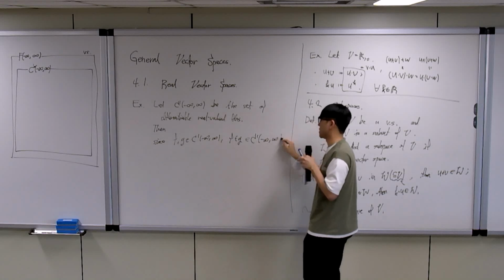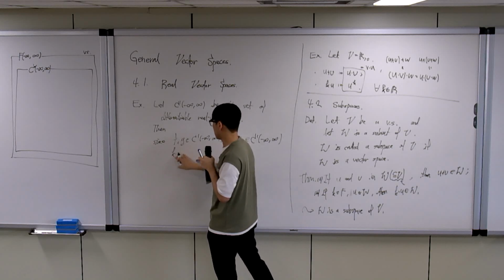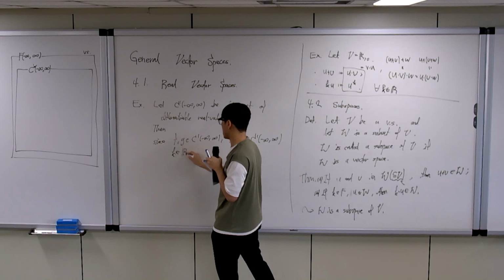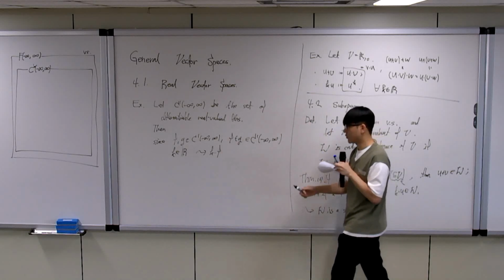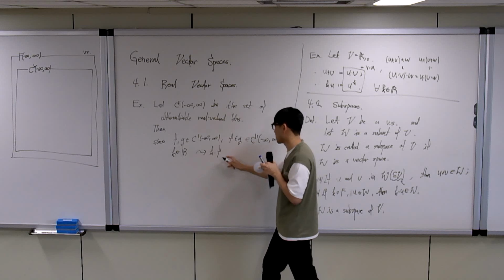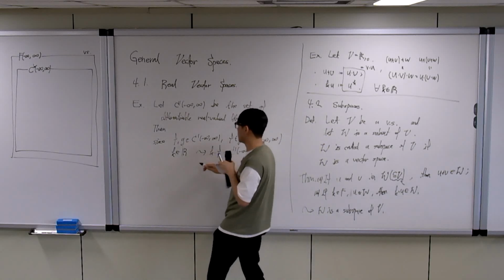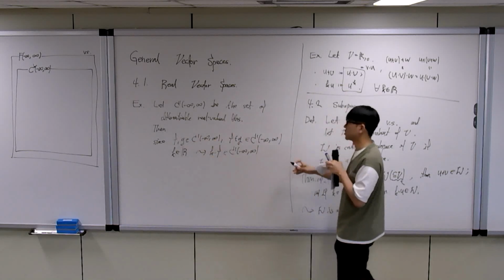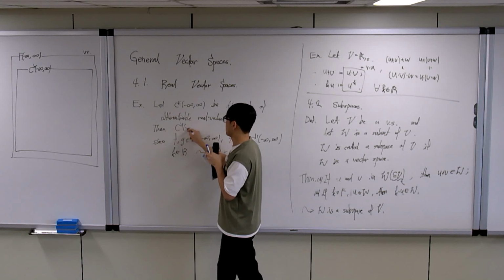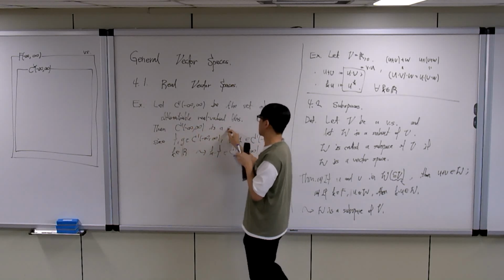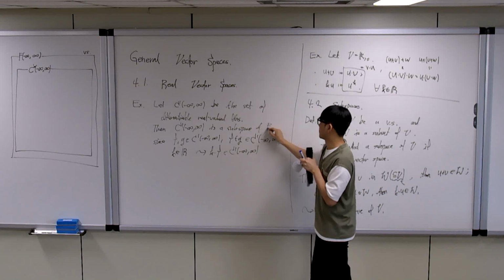That means it is in this space, and also for any scalar k in R, k multiplying f is also in the space of differentiable functions. So it has the closure property, and by the theorem the space C1 is a subspace of the real valued functions F.